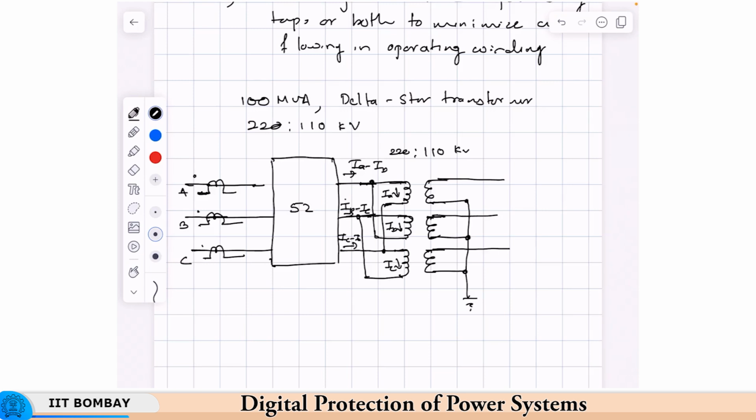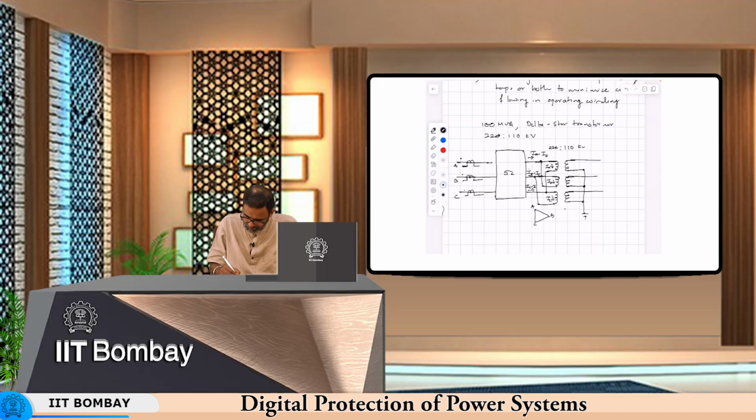This is typically earthed. So we have A, B, C and A, B, C. I just draw this.